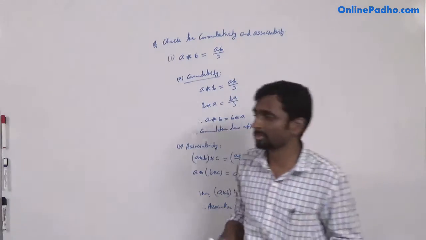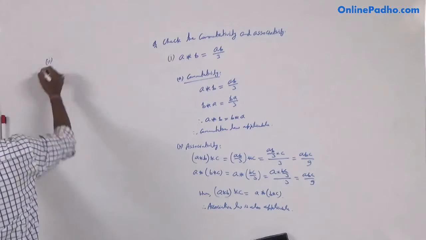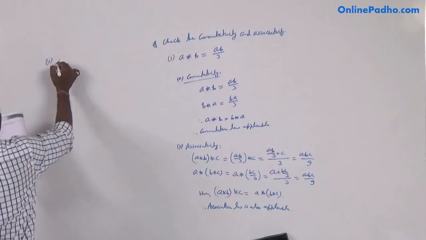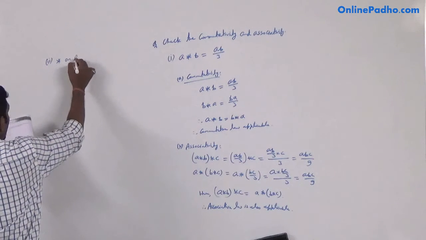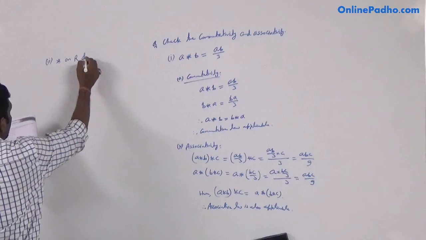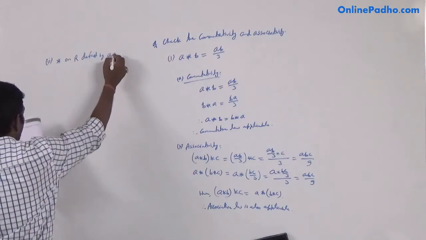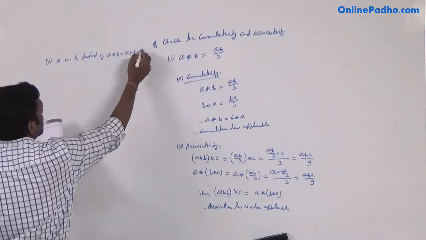The second part of this question is: check commutativity and associativity, star on R, real numbers, defined by A star B is equal to A plus B minus 7.